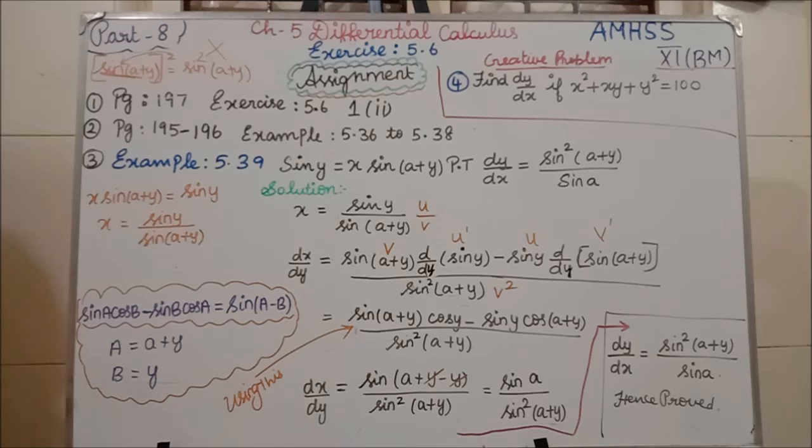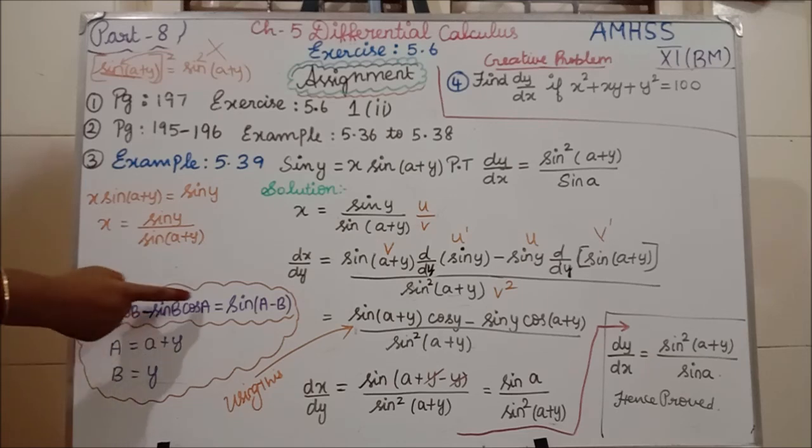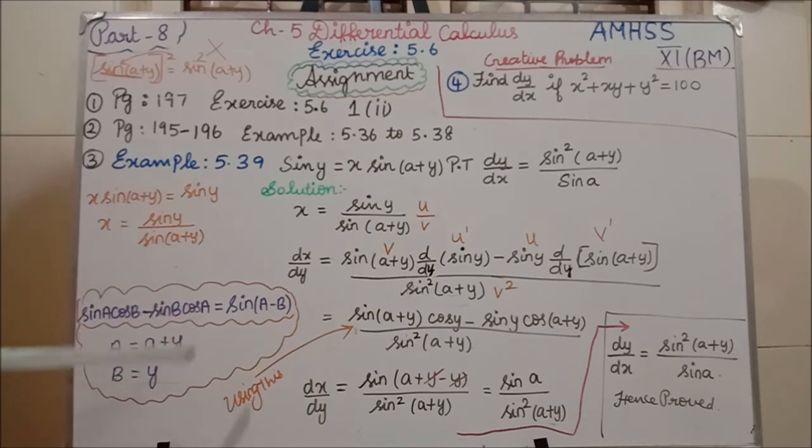That time I will explain. You just know the formula alone for this problem. If sin a I am having, minus sin b, cos b I am having, here cos a I am having. You have to interchange the alphabets. Here b will come, here a will go. Here a will come, here b will go. Like that, how can we write the RHS? Answer is sin a minus b.